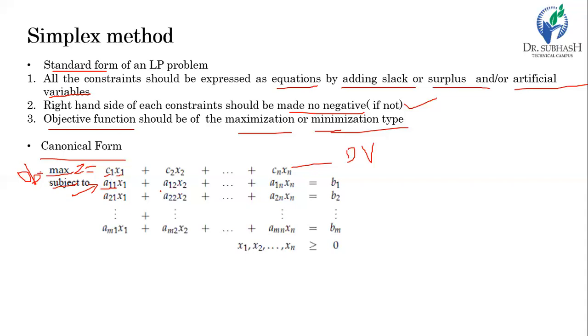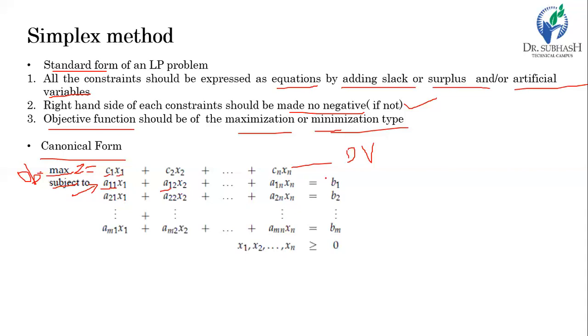The same way, when you manufacture 1 unit of x2, then a12 amount of time will be consumed during the production of this particular product. So this is the meaning. That's why it is also called a substitution rate.